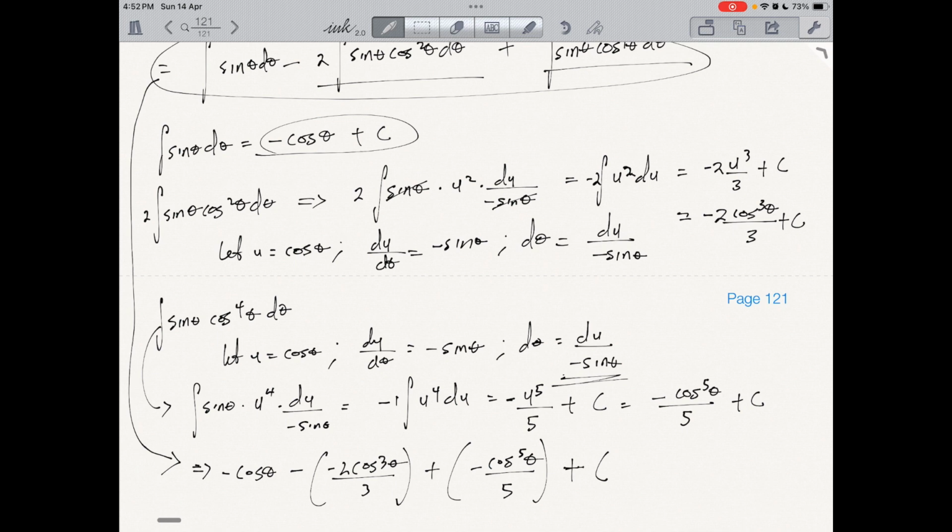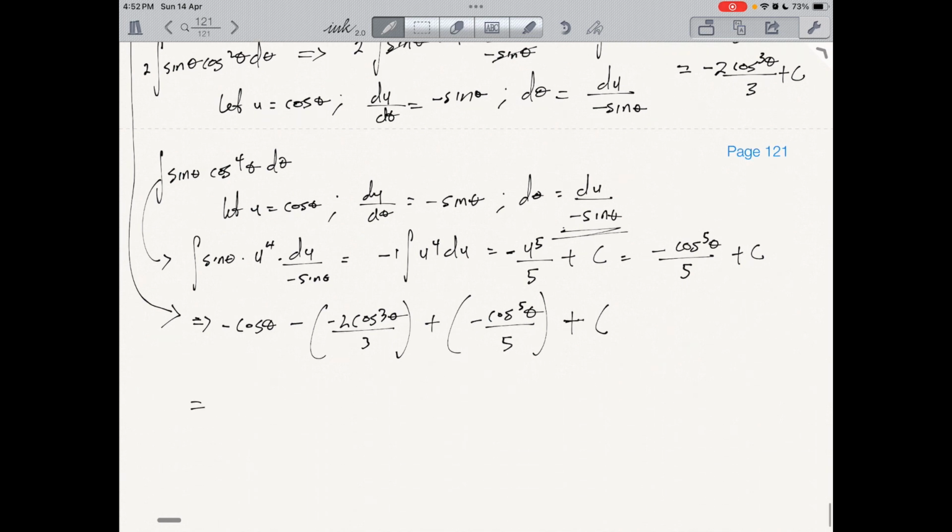Now this therefore is equal to cos theta minus cos theta plus 2 cos cubed theta over 3 minus cos raised to power 5 theta divided by 5 plus c.